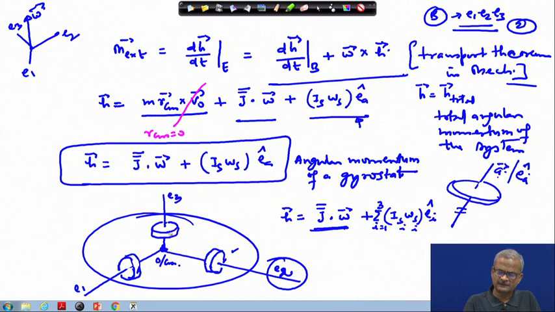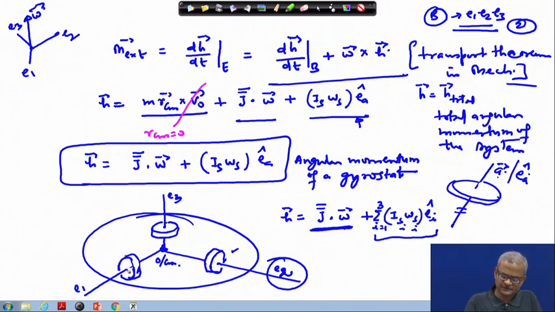As such, if the wheels are not rotating, this becomes a lumped mass sort of thing. So, we are considering this to be a rigid body. This is a very simple equation: I, the inertia dyadic for the whole system, dot omega, plus the angular momentum of the wheel at the respective position.